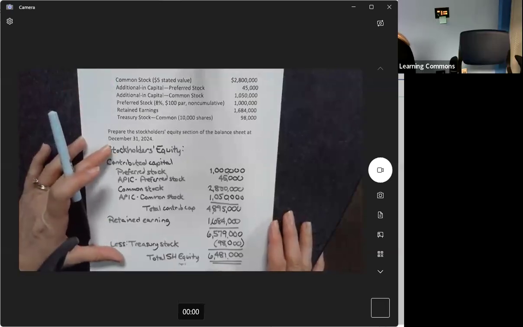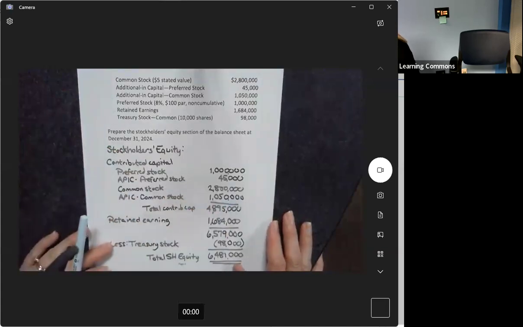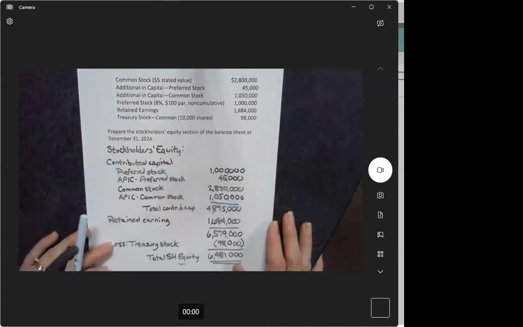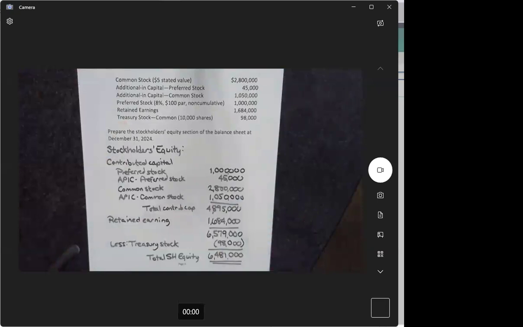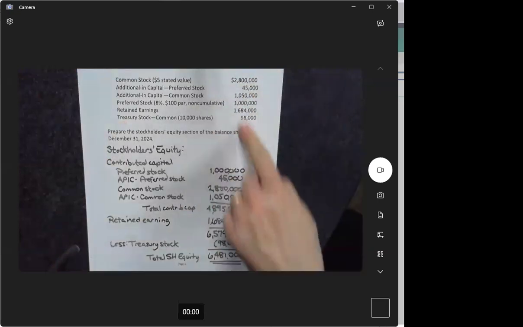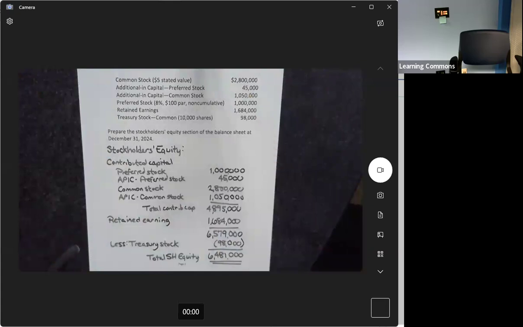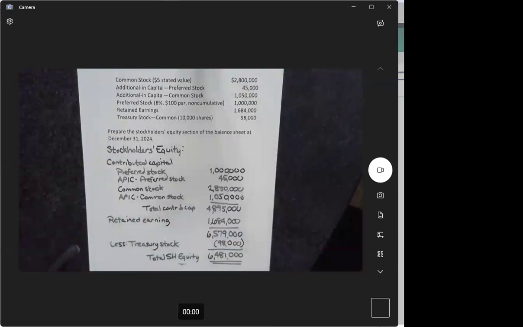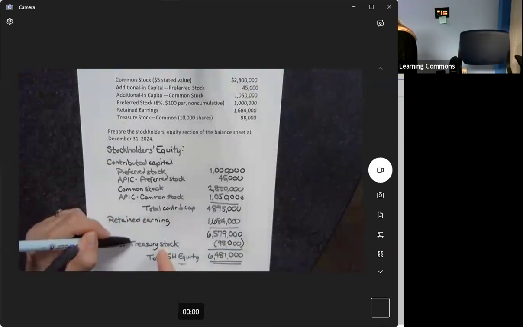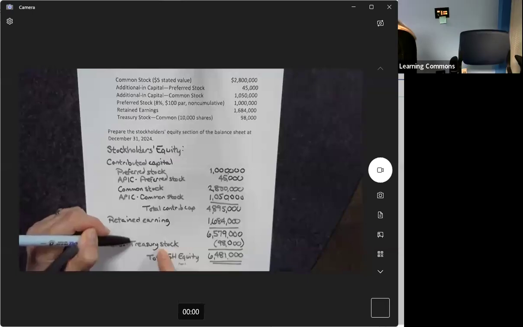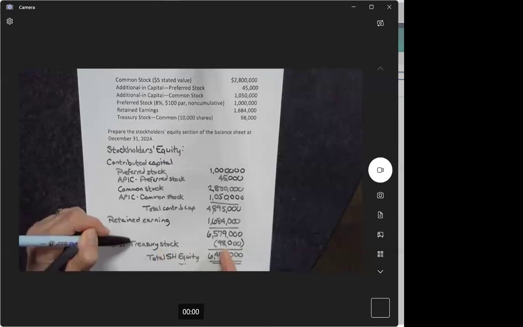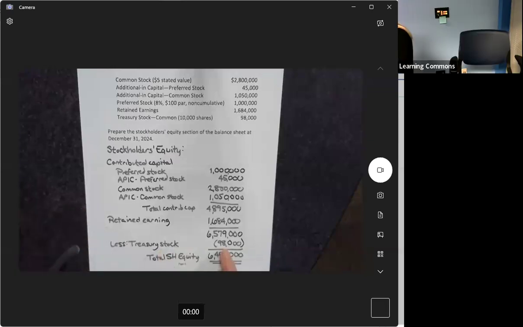Now, on a multiple choice test, obviously you're not going to prepare a nice, lovely stockholders' equity section, but you could be given a listing of equity accounts and their balances, and you may be asked, what is total stockholders' equity? The biggest key to remember there is that treasury stock is a contra equity account. Remember that that means that treasury stock decreases your total equity.